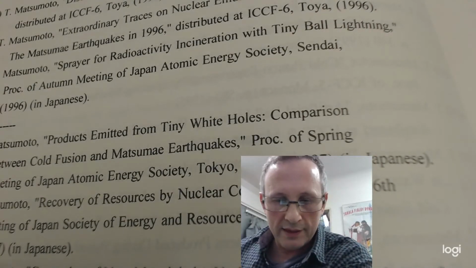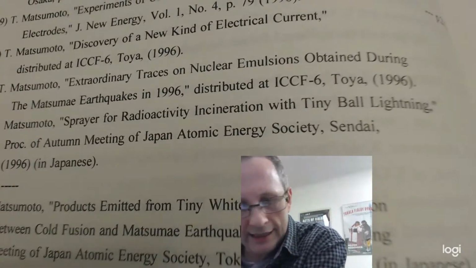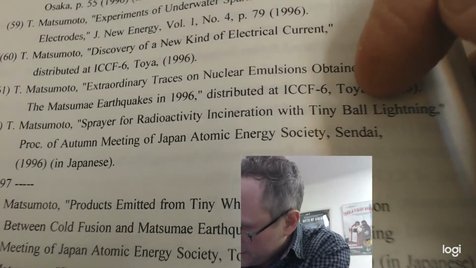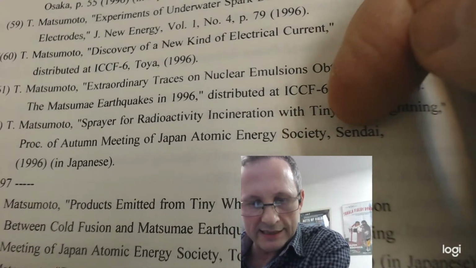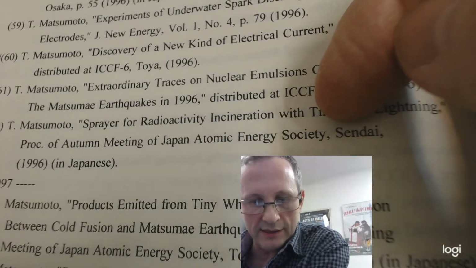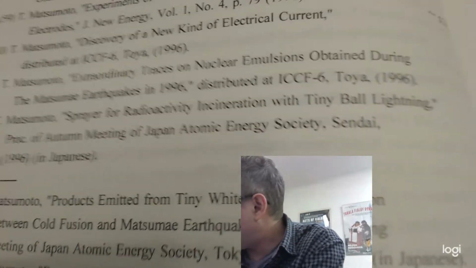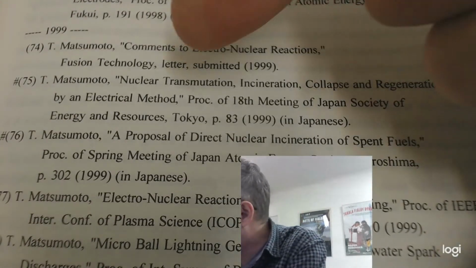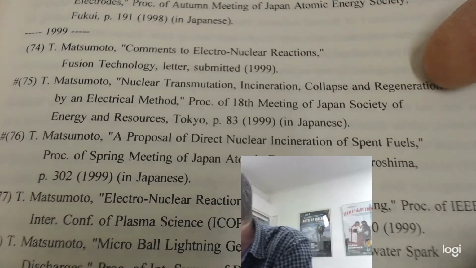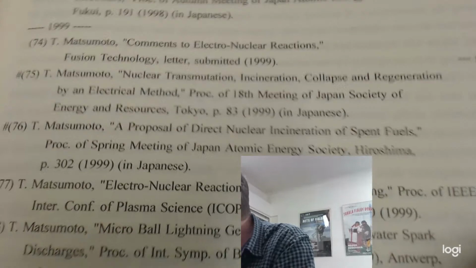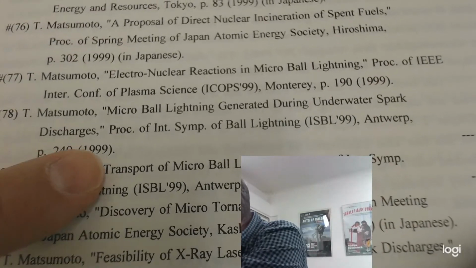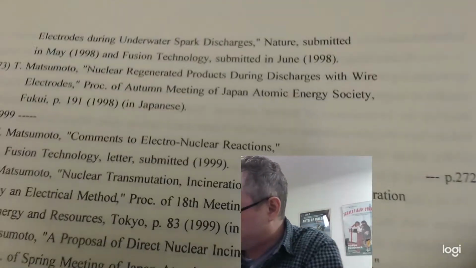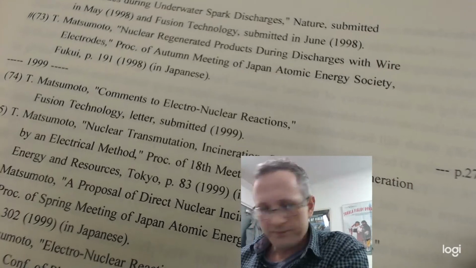Okay, I was looking here: sprayer for radioactivity incineration with tiny ball lightning, Proceedings of the autumn meeting of Japan Atomic Energy Society, Sendai. And here there's another series: nuclear transmutation, incineration, collapse and regeneration by an electrical method. And lower down, he's got other ones along the same theme. I wanted to find those in the book, and I couldn't find them.